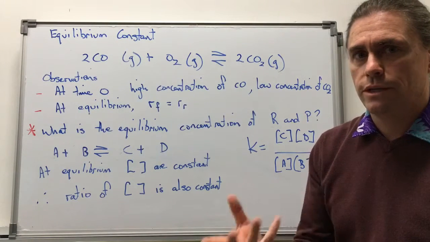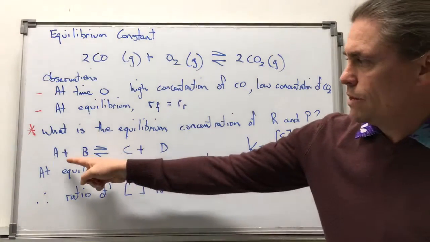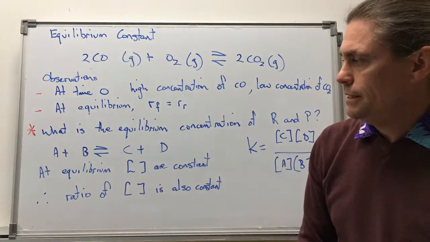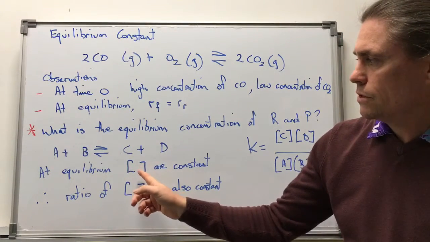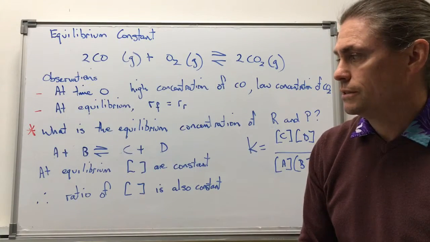Well, to do this, we need to go through a little bit of mathematics. So if we've got a reaction A plus B, that's a reversible reaction, giving us C plus D, at equilibrium we know that the concentrations of either our reactants or our products are constant.